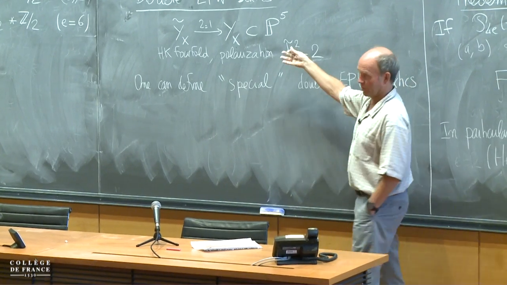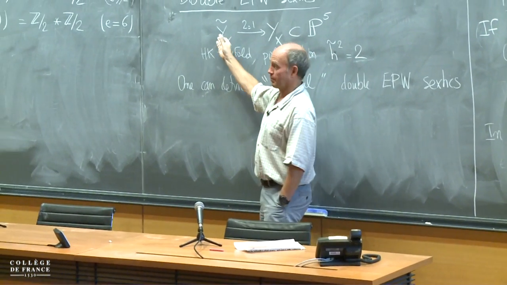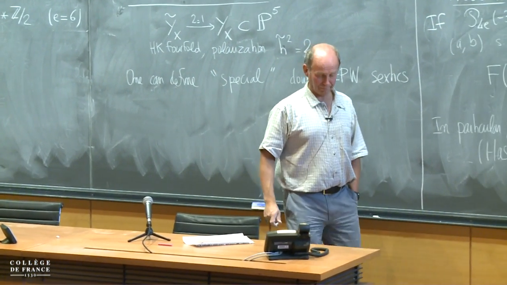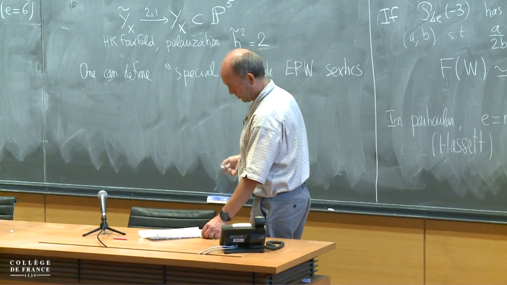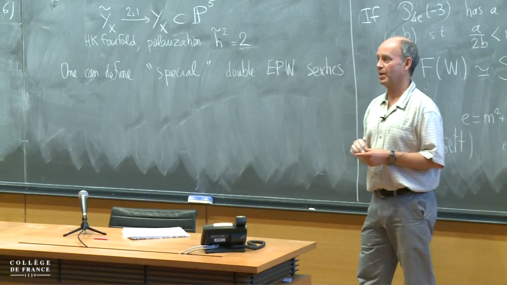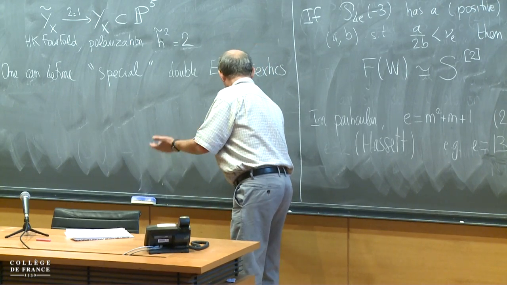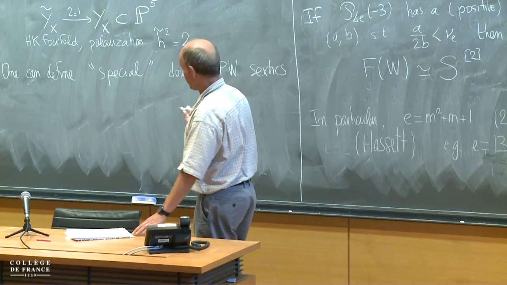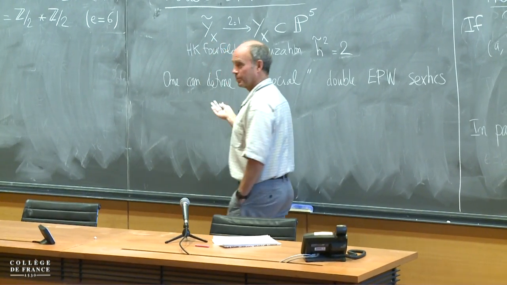So in other words, in the very general situation, the Picard group here will have rank 1, so it won't be very interesting for our purposes. But along a countable union of divisors, you will have a Picard group of rank 2. So you also get an infinite series of divisors which are labeled by some kind of discriminant.